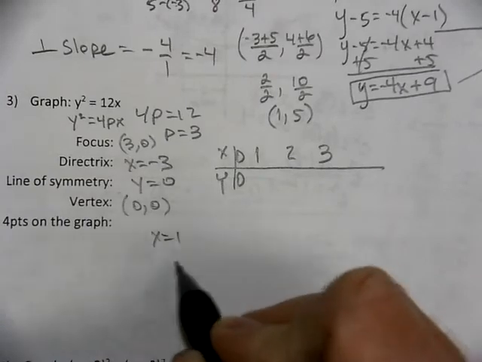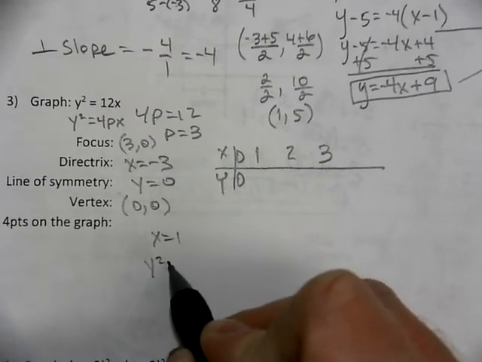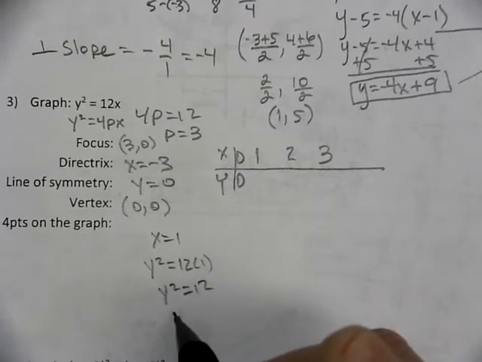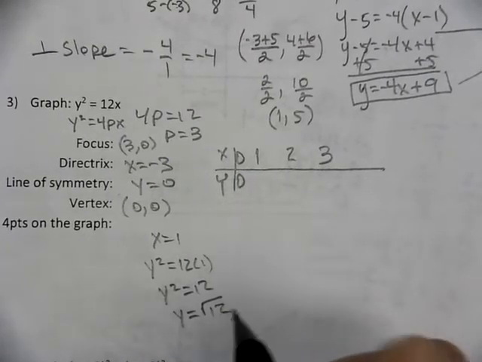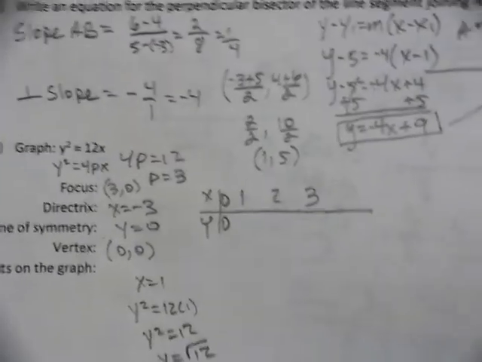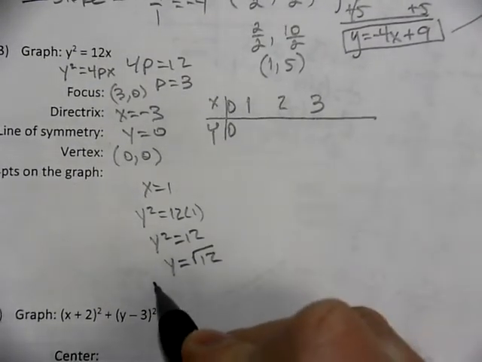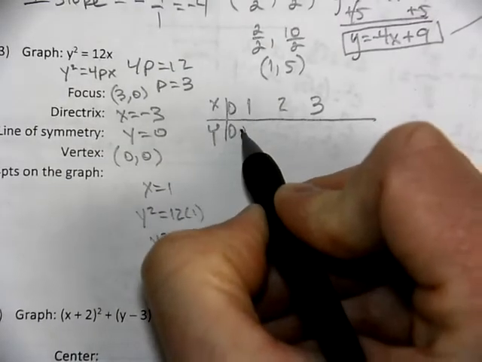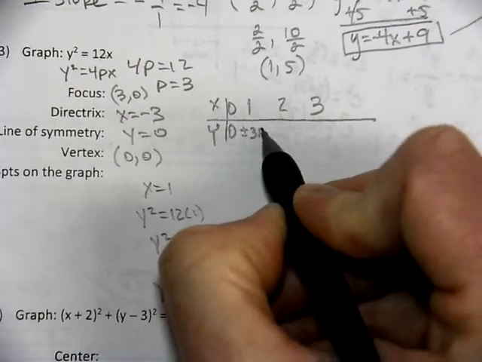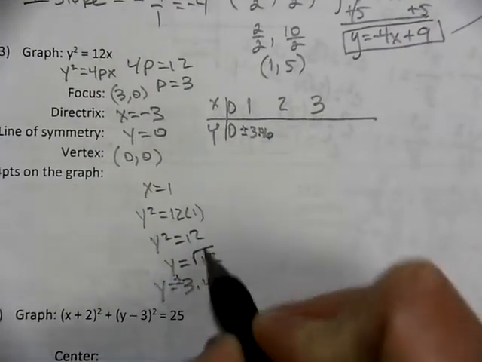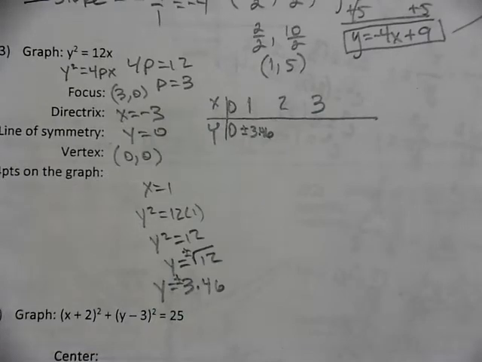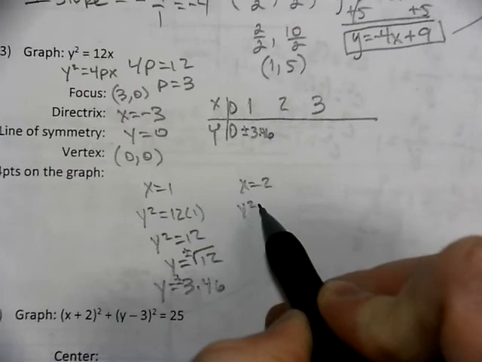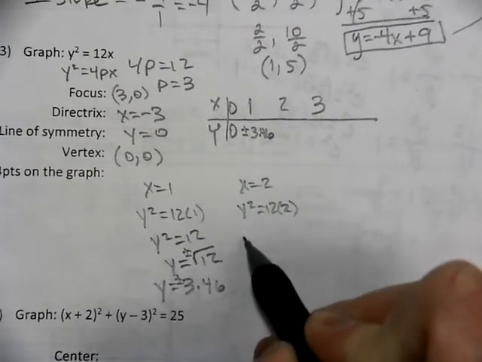When x is 1, we said y squared equals 12 times 1. Y squared equals 12. Y is going to equal the square root of 12, which is 3.46. So we get plus or minus 3.46. The next one, we're going to plug a 2 into there. So y squared equals 12 times 2.